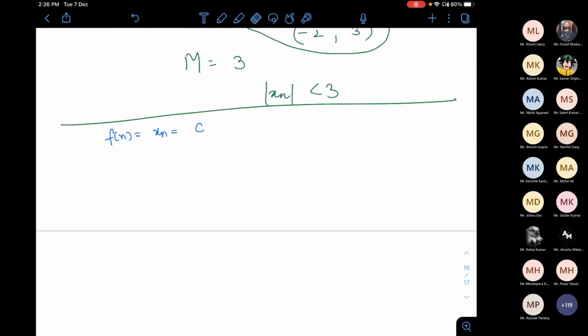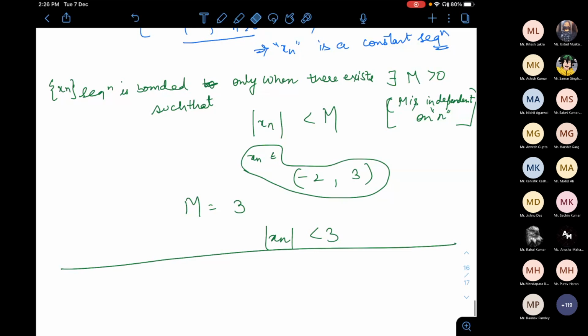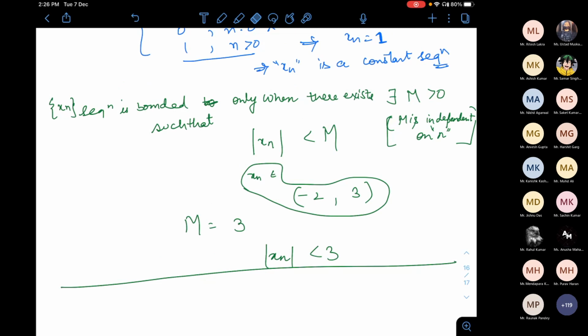Ma'am, how is m independent of n? I wrote independent. That means, like in the case of n naught, which is a function of epsilon, I am saying m should not be a function of epsilon.